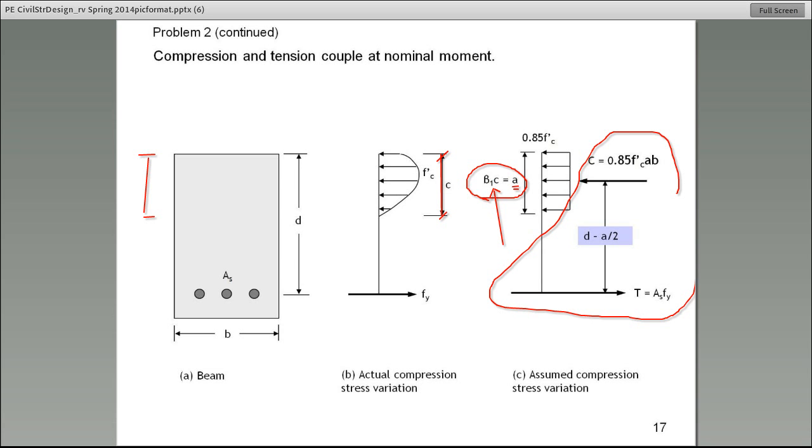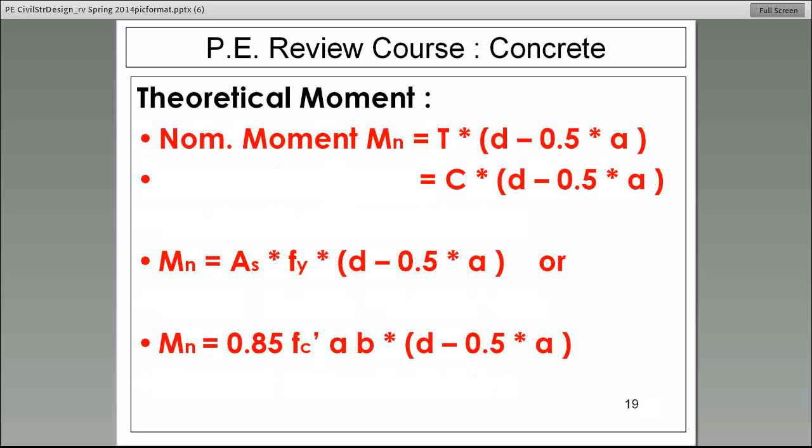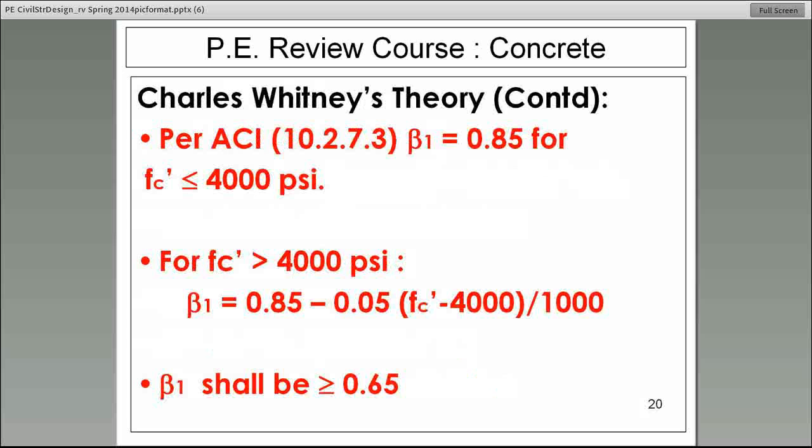All right, now I'm going to go forward. Here, slide number 20, it tells us what beta 1 is. And guys, sometimes they ask you this question, what is beta 1 for a given concrete? It's very simple. If you don't know it, you can sit there for the entire day and not know what they're talking about.